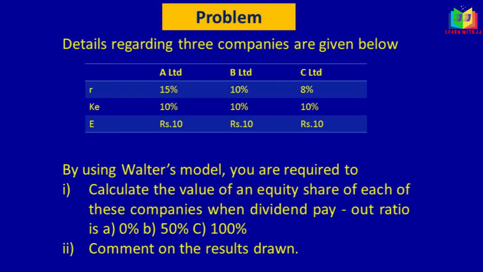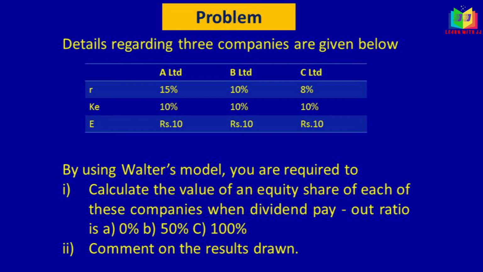Here, for A Limited, R is 15% and K is 10%, and this shows that A Limited is a growth firm since R is greater than K. For B Limited, R is 10% and K is also 10%, so this is a normal firm.